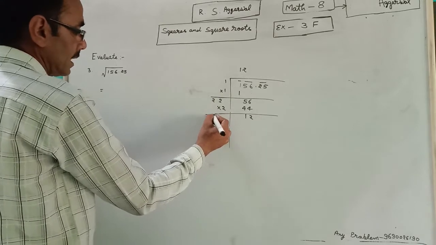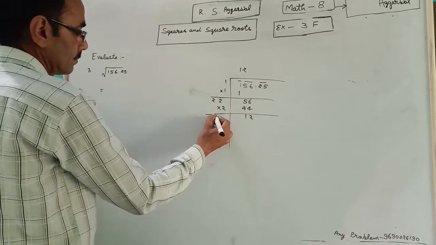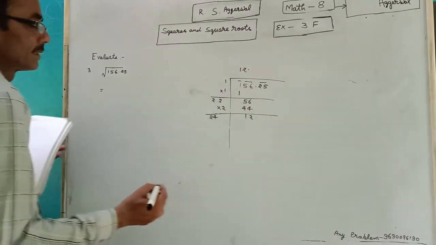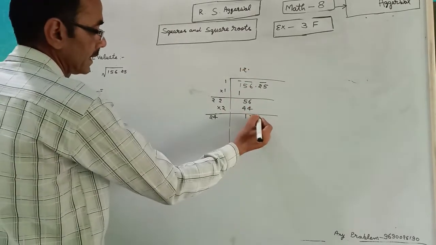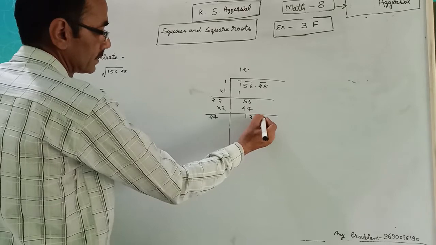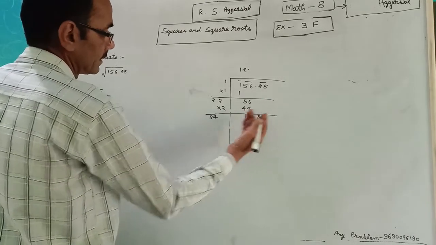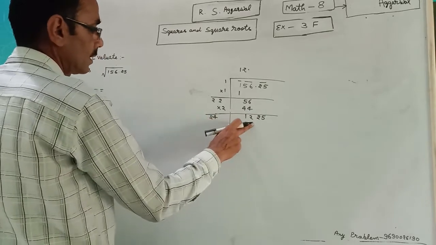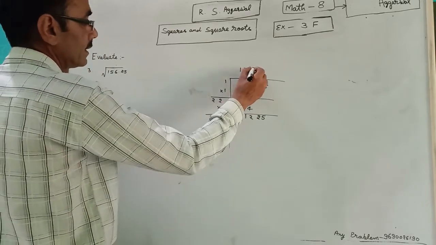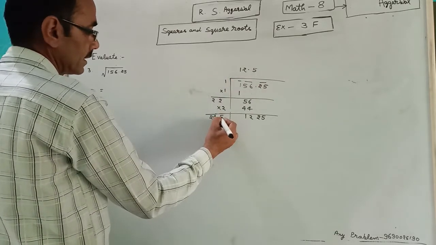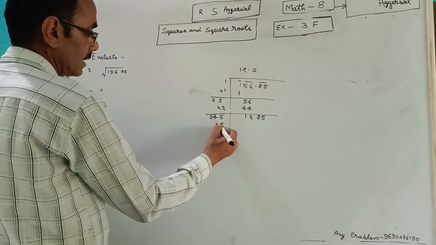12 multiply by 2, 24. Point put here and pair is write the 12. 5 is hide, 24 table read, 120 is 5, write in 5 and multiply by 5.